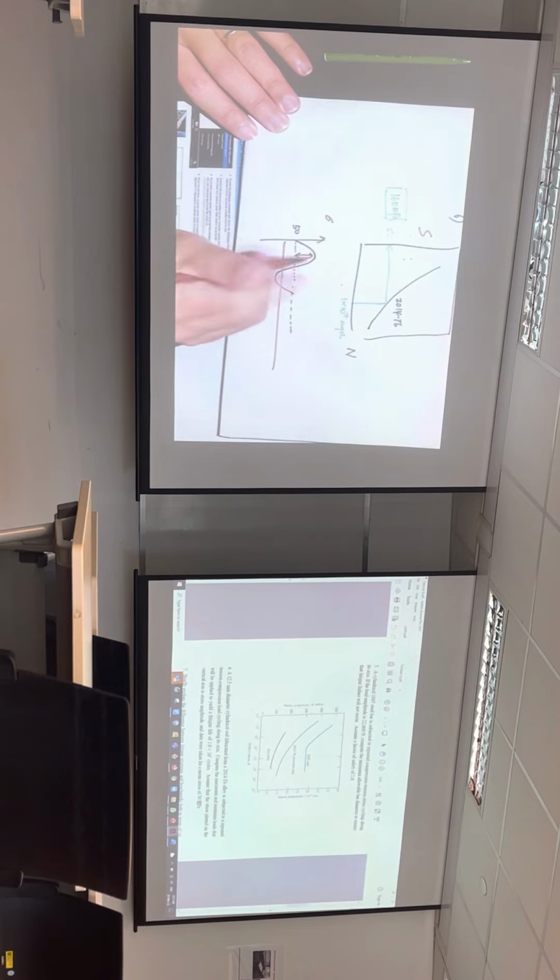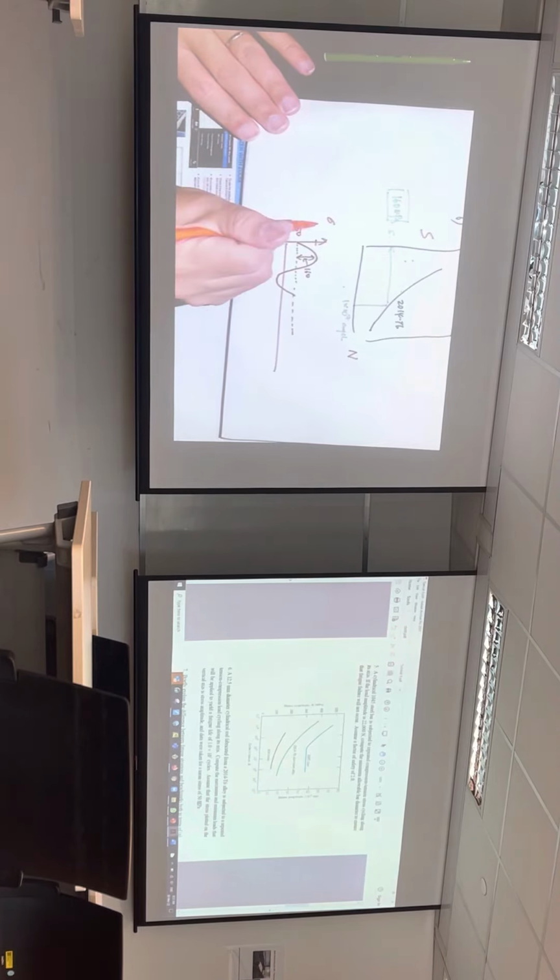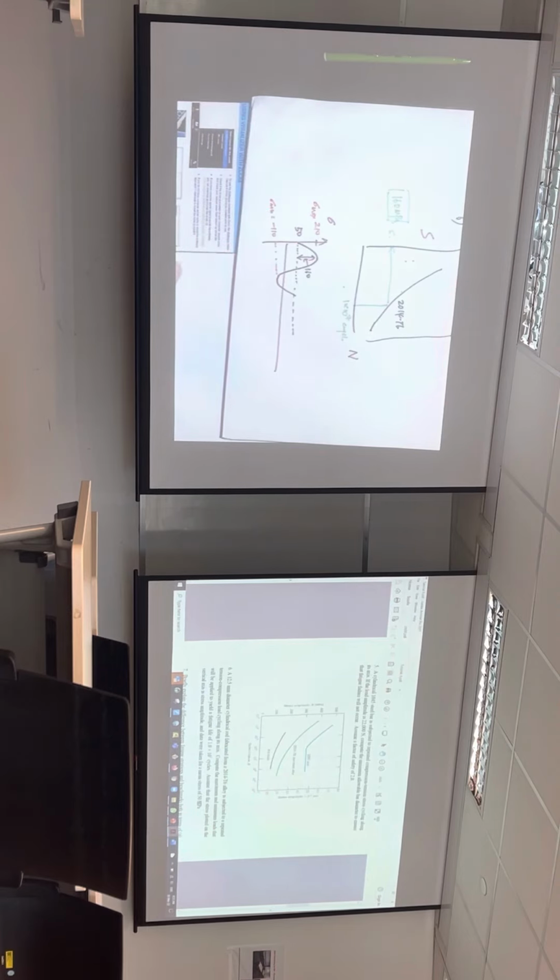So I'll know this value, right? 160 plus 50, 210. This one, negative 110. So this is my sigma max, sigma min. Okay. So based on this, calculate the maximum and minimum loads that we applied.